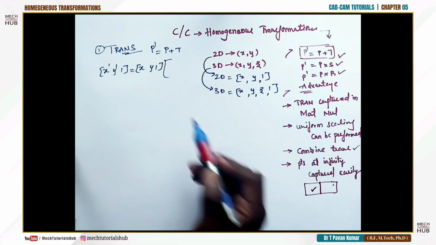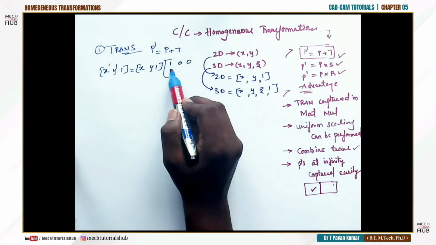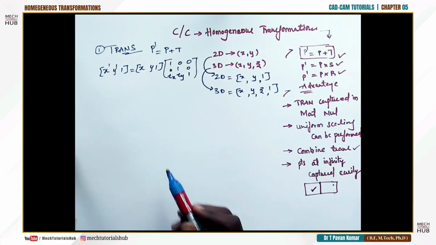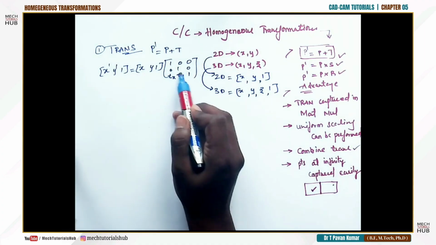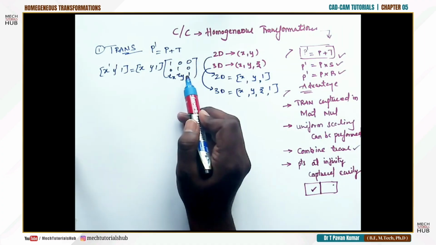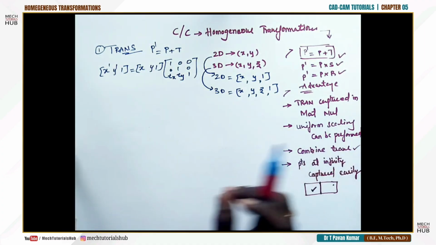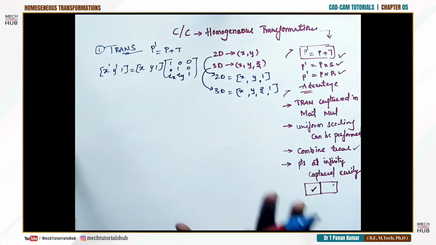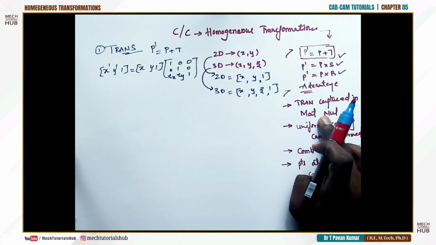The matrix of translation is written in this form: 1 0 0, 0 1 0, tx ty 1. It all depends on the values given to tx and ty, such that the point changes its position. If you want to move a point from one position to another, that can be done. Now this translation can be captured.